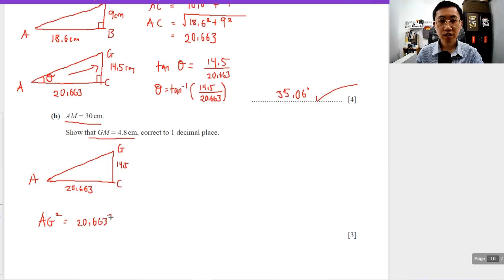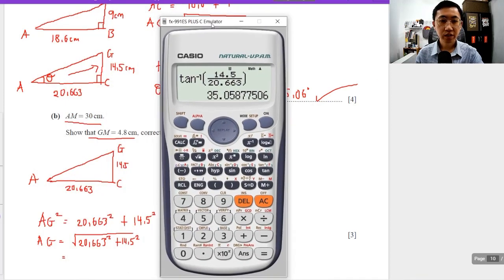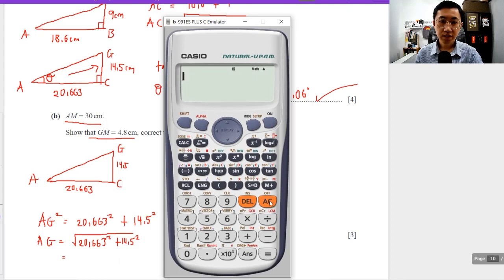20.663 square plus 14.5 square. Just show working, guys. AG equals square root of 20.663 square plus 14.5 square. We can find AG using the calculator.